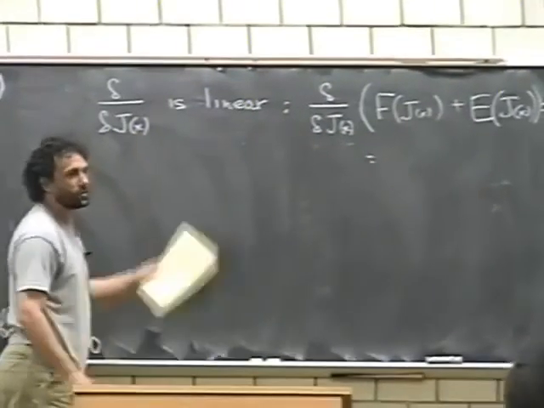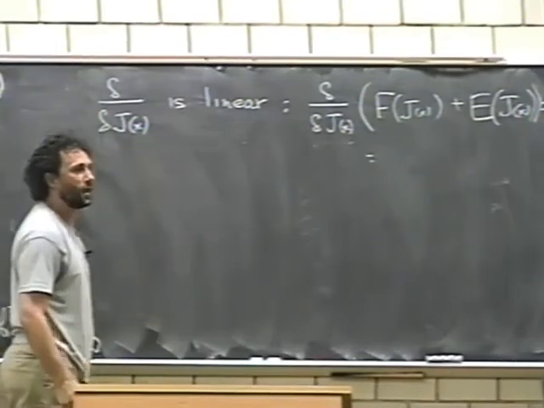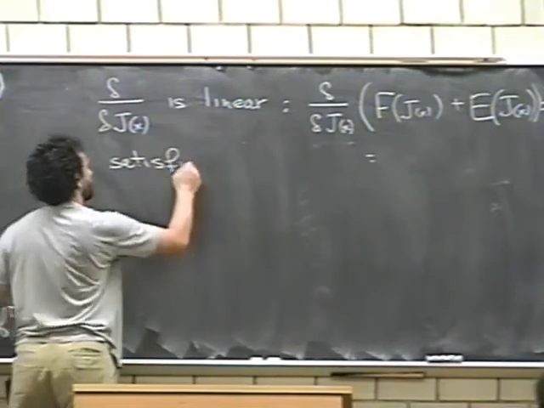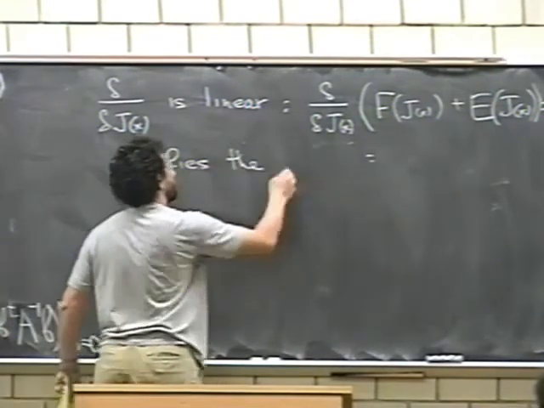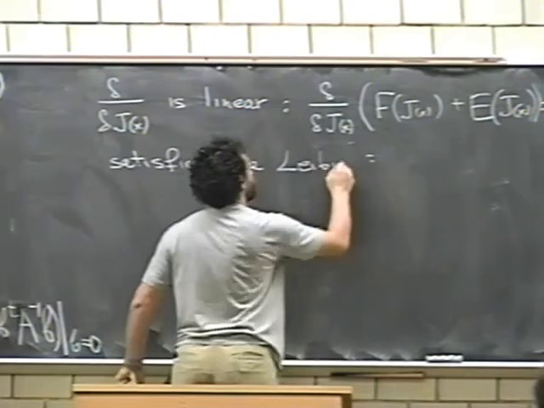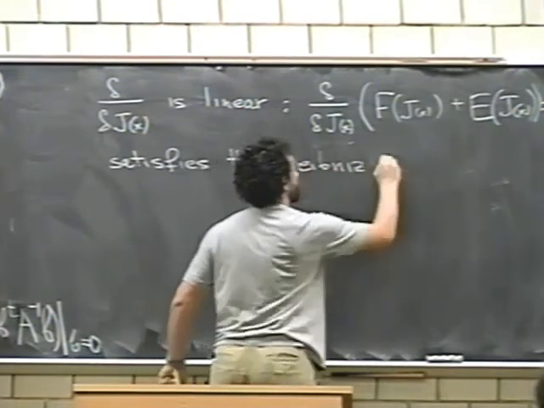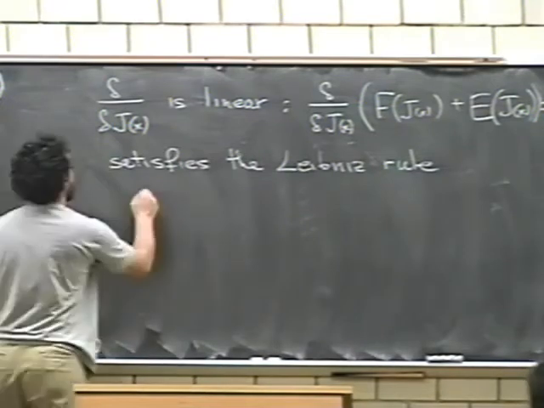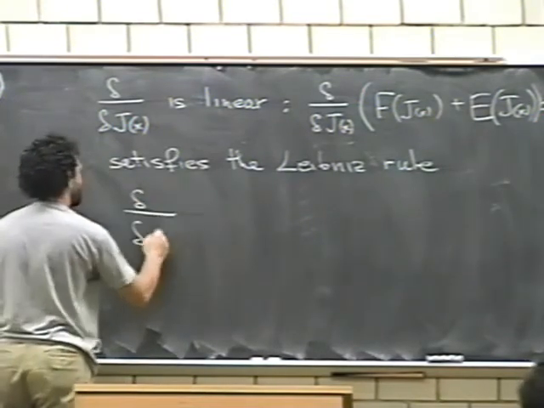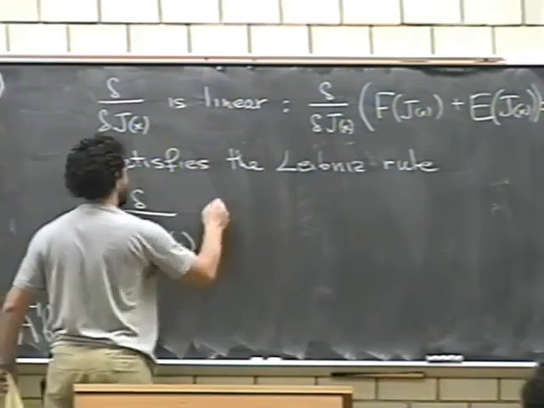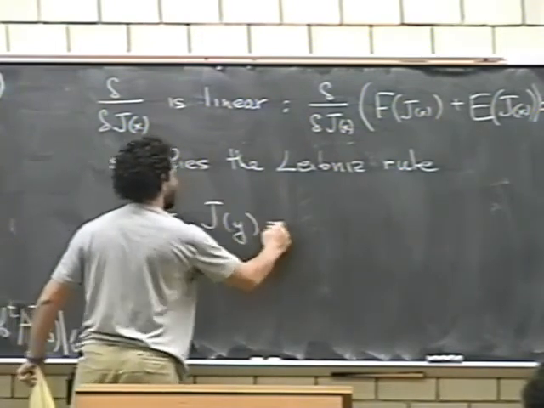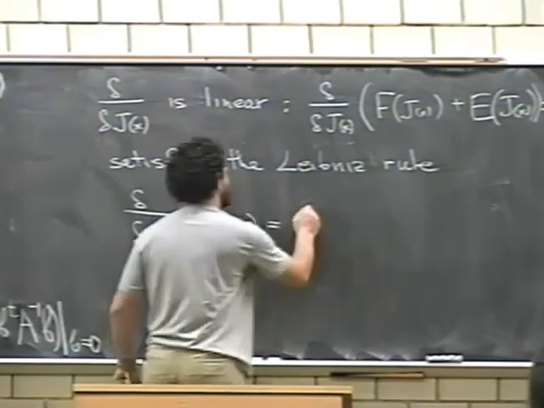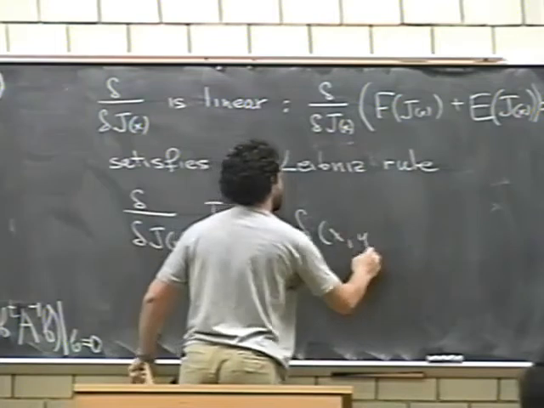Then it is a derivation, so it satisfies the Leibniz rule. And then I should also say that d/dJ(x) of J(y) equals delta(x, y).